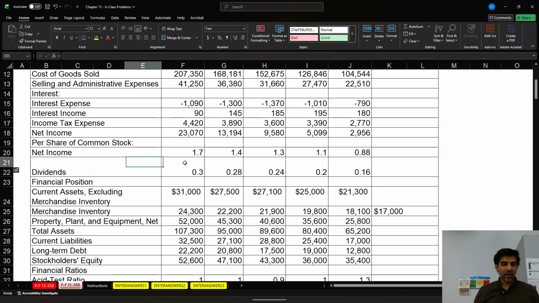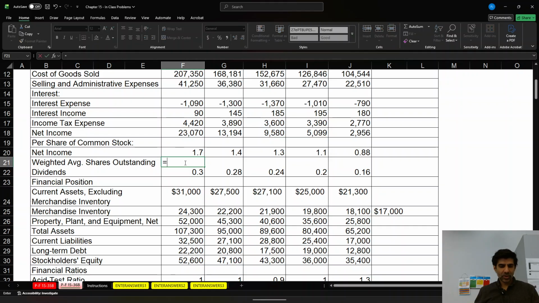So if you wanted to get the weighted average shares outstanding, you would just do your net income divided by the earnings per share. And this is going to give you the weighted average number of shares outstanding, I should say.